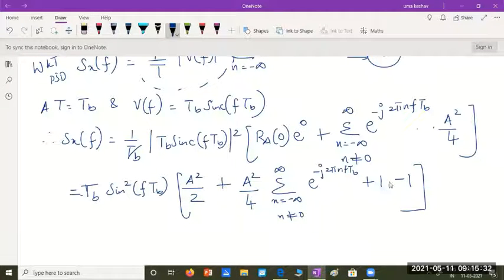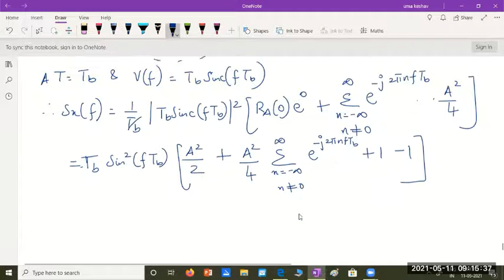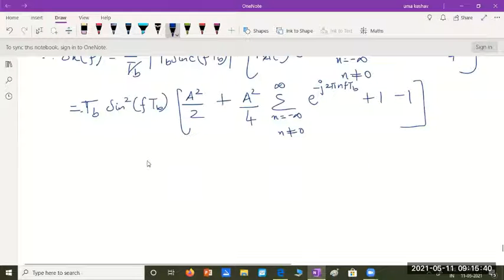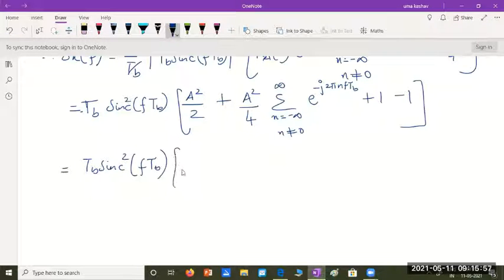See, will it make any difference if I just add plus 1 and minus 1? Will it make any difference? No. Okay, so it won't make any difference. The reason why we do it is, so I have TB sinc square FTB into a square by 2 into a square by 4. Can I write this plus 1 as e power 0?